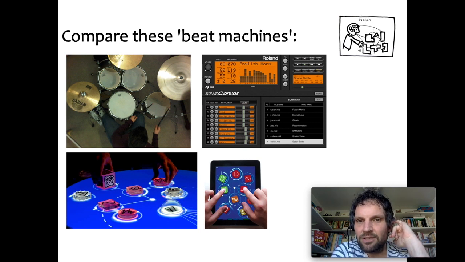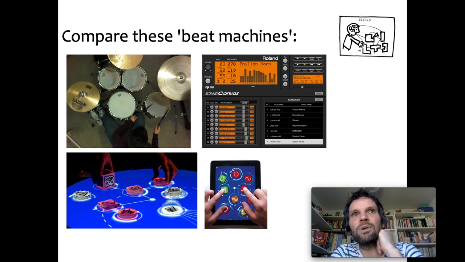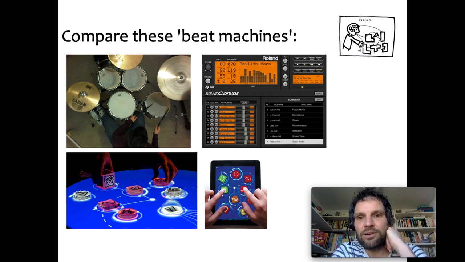Top right you have a very linguistic and functional drum machine, the kind of machine that almost looks like your microwave or a video recorder. All the same kind of buttons, no intrinsic meaning to the buttons. You have to learn the symbolic rules in order to operate it. So there's a clear difference between those two, you could imagine.